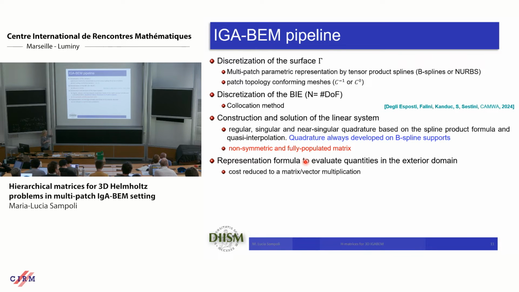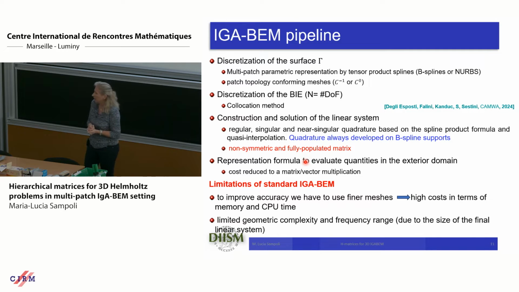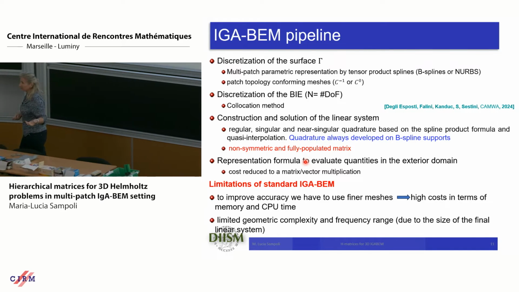Then, in order to construct the linear system, we have seen we have to consider suitable quadrature rules. But the problem is that at the end we have a dense and, if you are using collocation, not even symmetric linear system. This is a limitation that IgA-BEM, the boundary element method within isogeometric analysis, shares with the standard BEM.